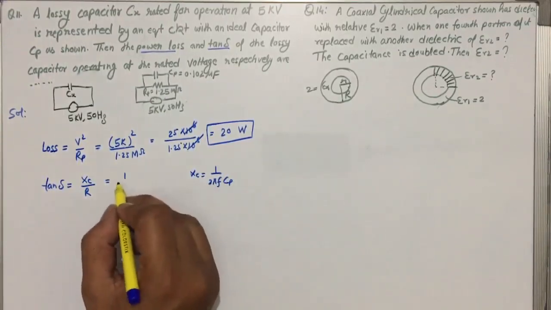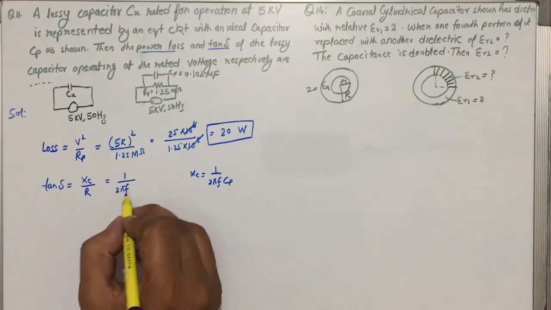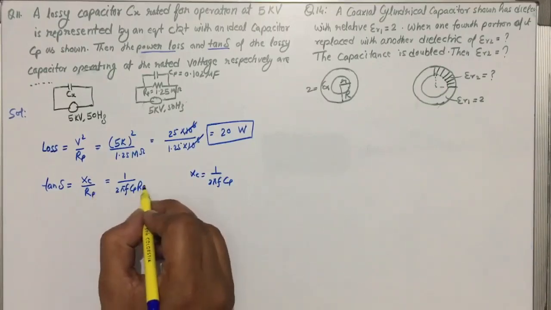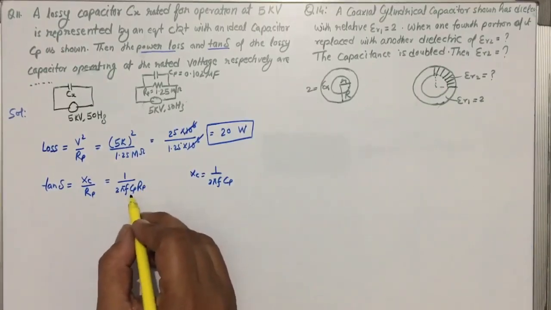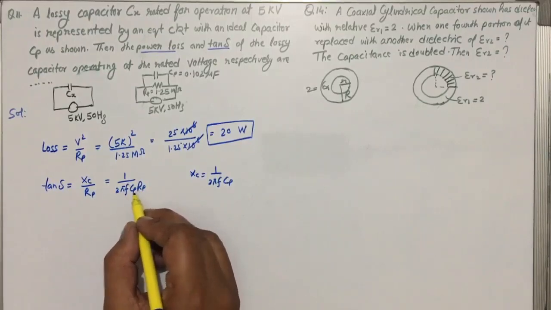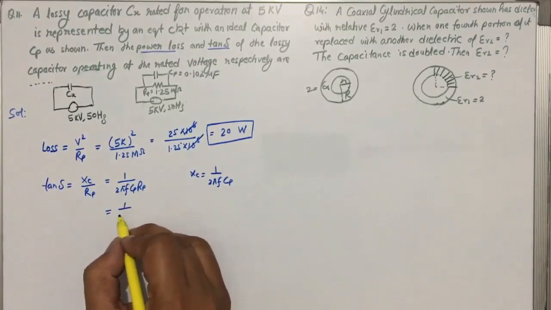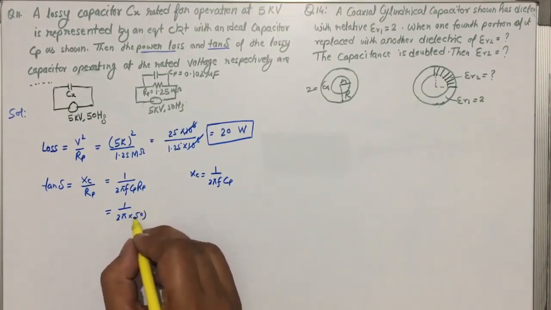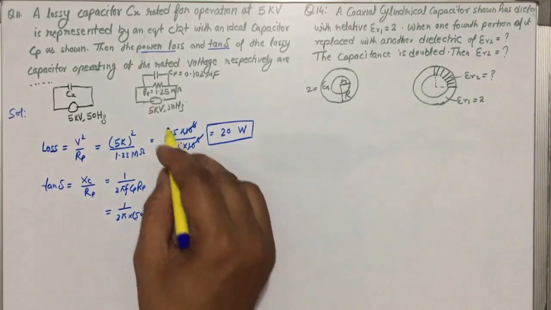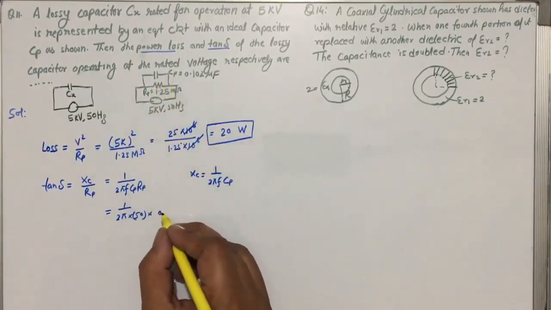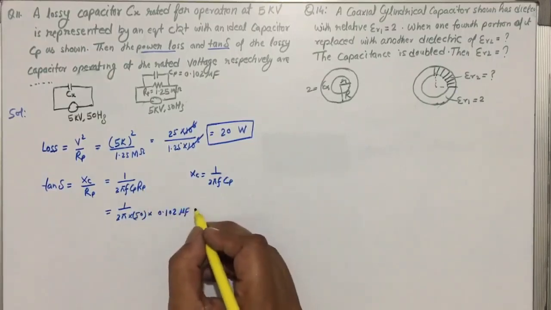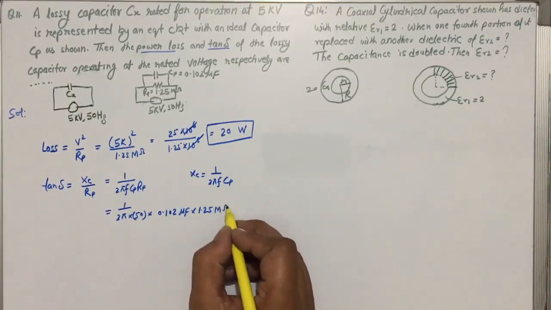So from here we will put 2 pi f Cp, and R is already given to us. Every term is known to us just by putting them in: 2 pi, f, Cp, which is given here as 0.102 microfarad, and Rp is given here as 1.25 mega ohm.